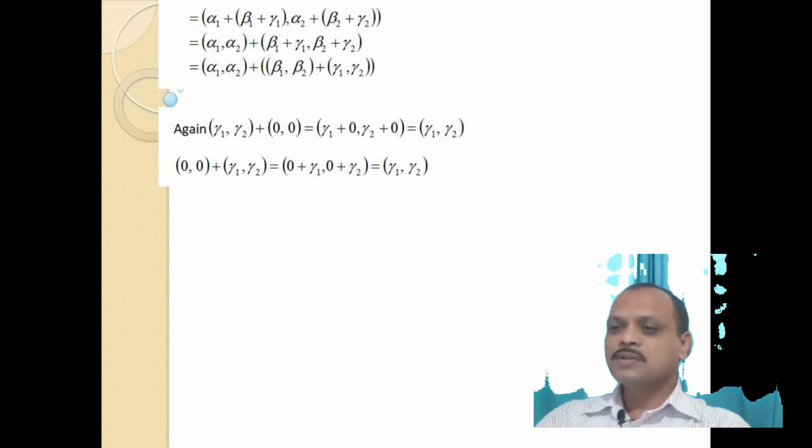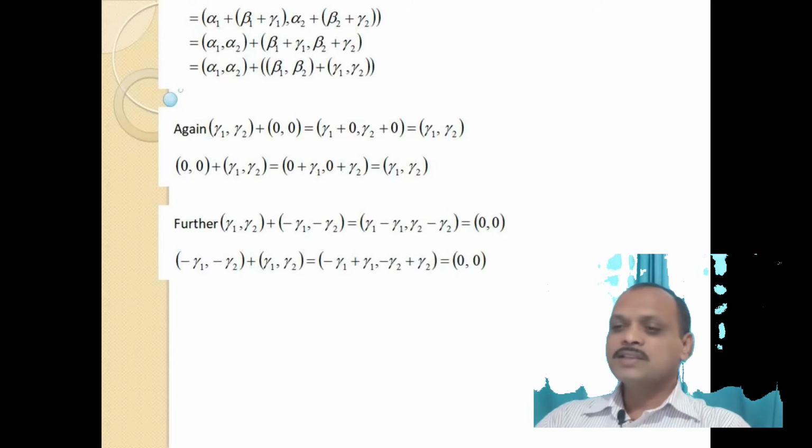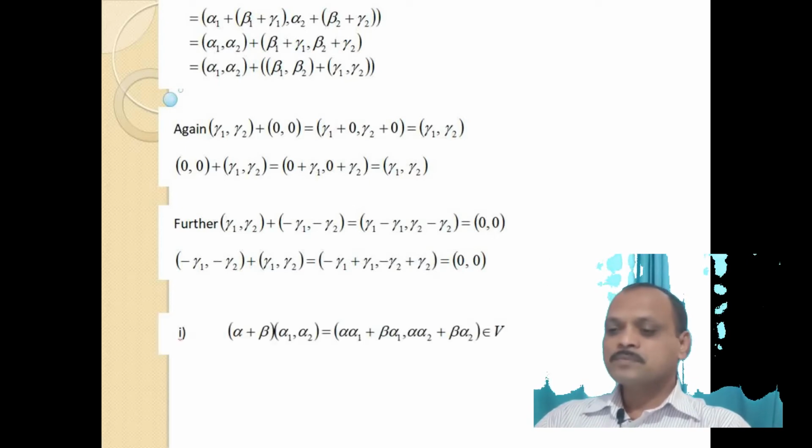Therefore 0 comma 0 is the additive identity of the set V. For any element gamma 1 comma gamma 2, consider minus gamma 1 comma minus gamma 2; adding it on either side gives 0 comma 0. So all the properties of an abelian group are satisfied, and V is an abelian group. Now we prove the vector space conditions.